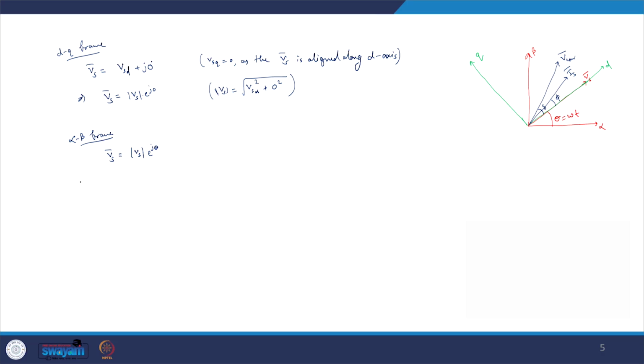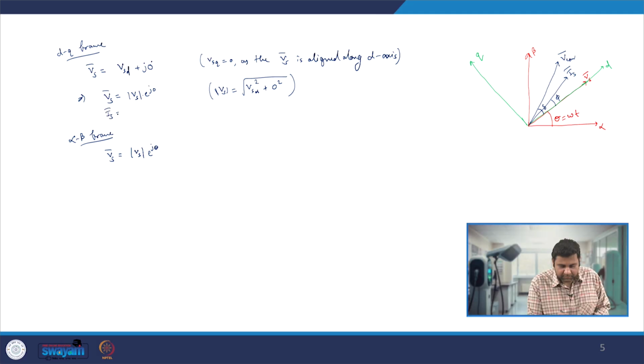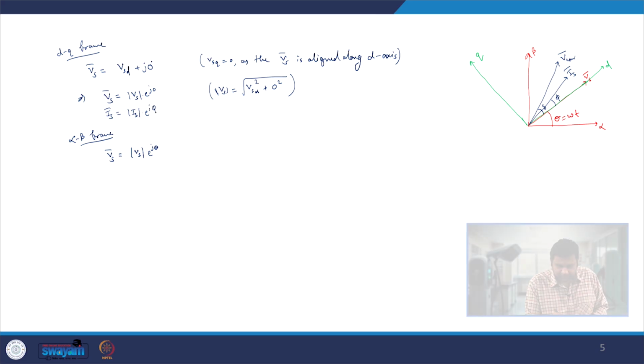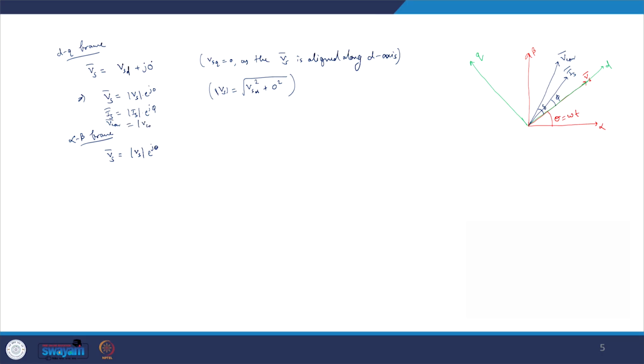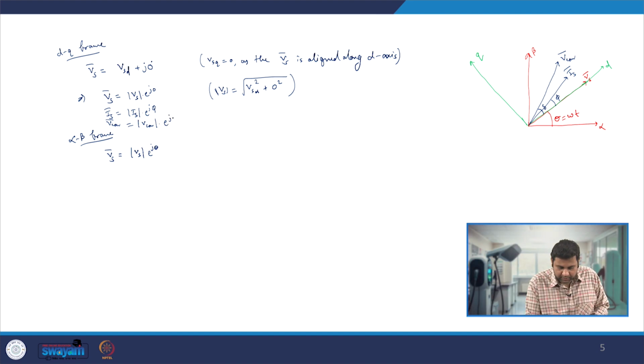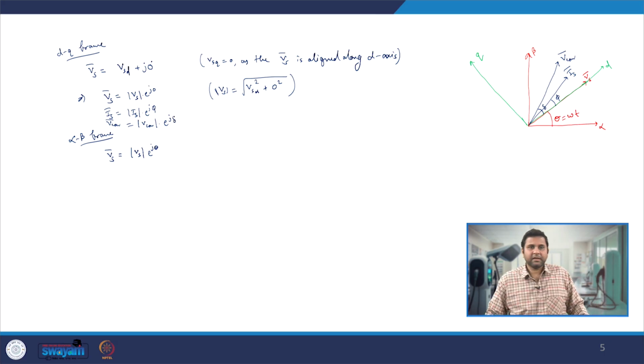Now, we can also define other quantities along the same lines. We can define our Is space vector to be the modulus of Is times e raised to the power j phi, which is the angle with respect to dq. Similarly, we can write the V converter space vector as the magnitude of the V converter vector times e raised to the power j delta.